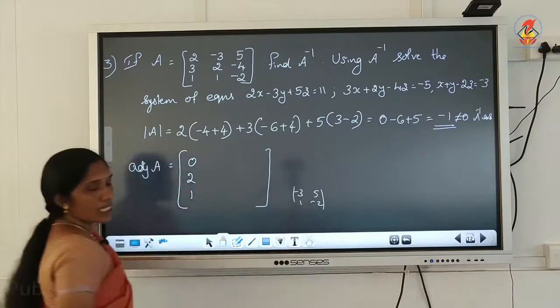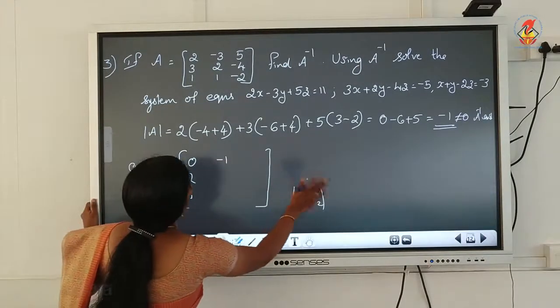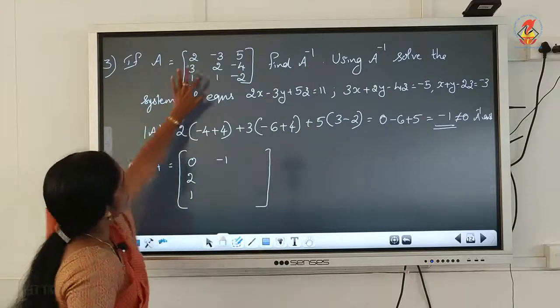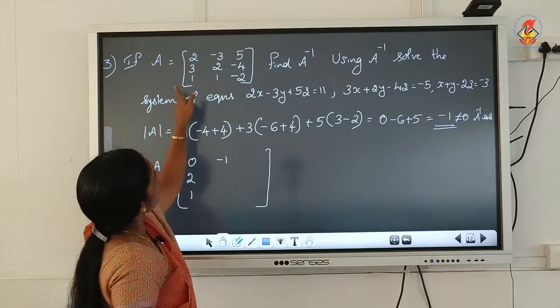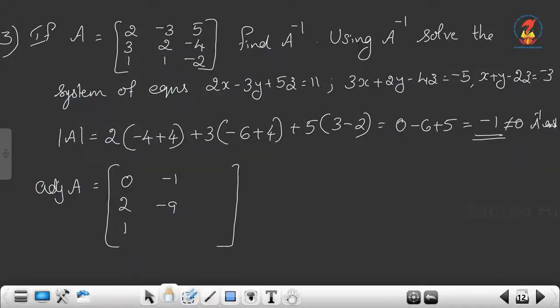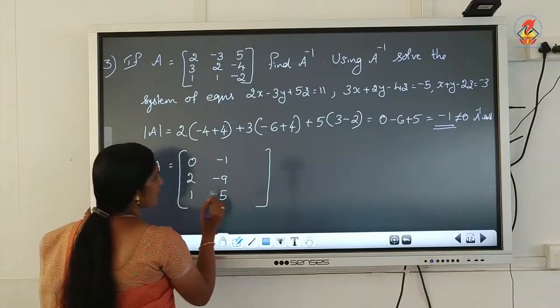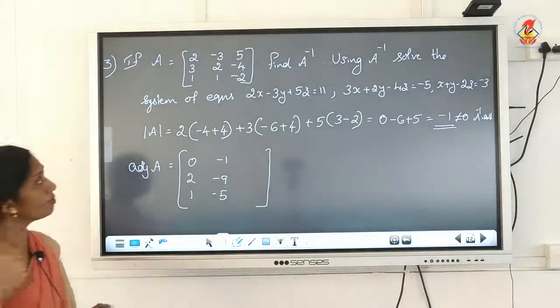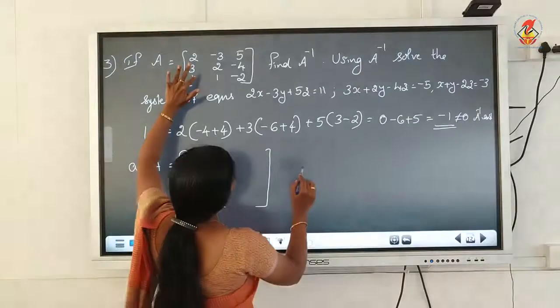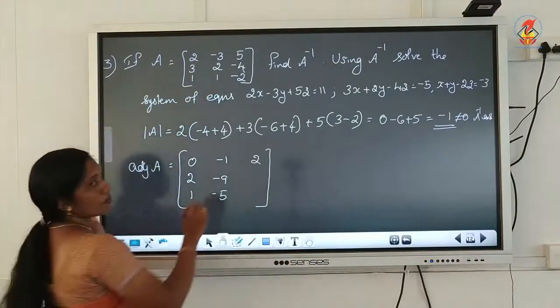That is 6 minus 5, that's equal to 1, but change the sign, minus 1. Then next element 2, minus 4 minus 5, that is minus 9. This element 2 plus 3, that is 5, change the sign, it is minus 5. Then last row, 12 minus 10, that is 2, positive 2.